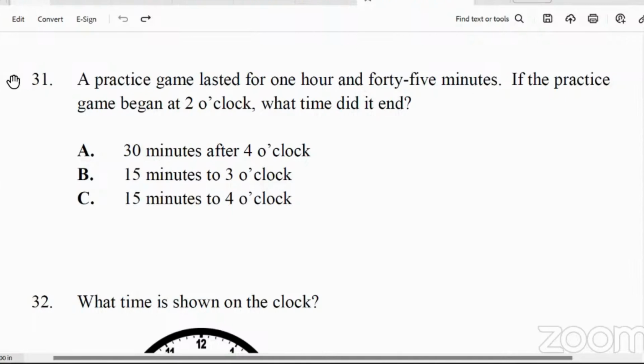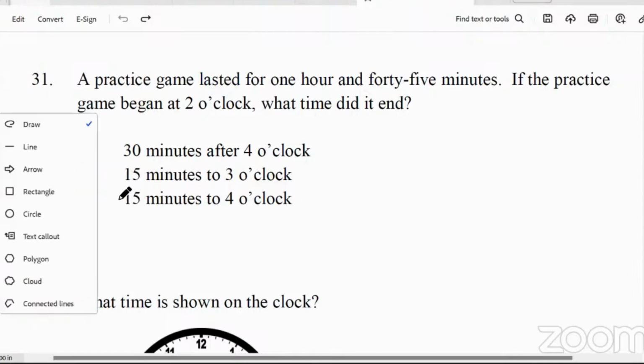That takes us to 3 o'clock, and then another 45 minutes. Okay, so that would take us to 3:45. Based on the options here, which option gives us 3:45? 3:45 is the same as 15 minutes to 4 o'clock. So our answer is C.